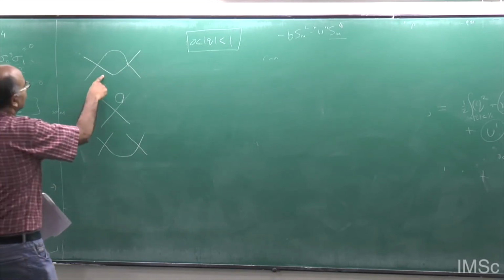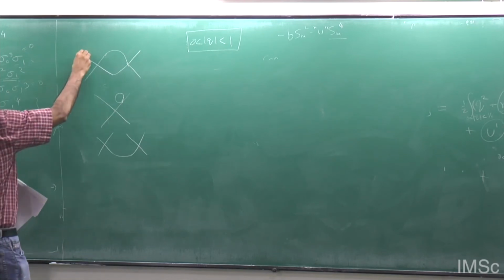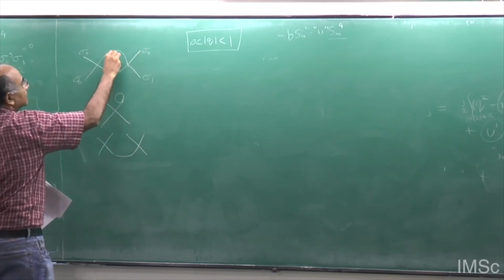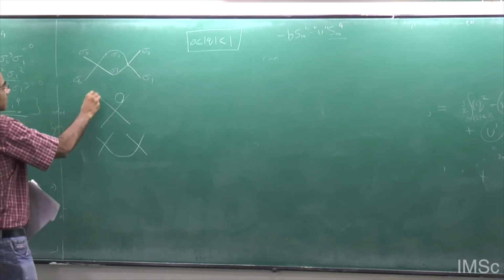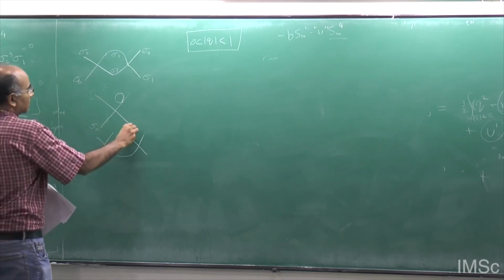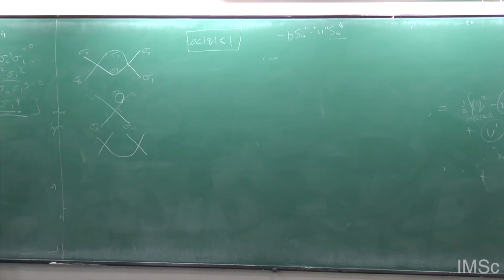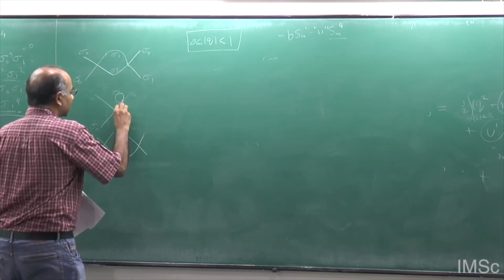So what's happening here? Remember, after you've done the integration, which is over the sigma 1s, what is left are sigma 0s. So these are the variables that are left behind, and these are sigma 1s that you've integrated out. Okay, so here there's sigma 0, sigma 0, sigma 0, sigma 0, sigma 0. This is sigma 1.